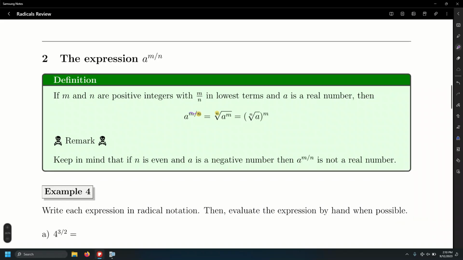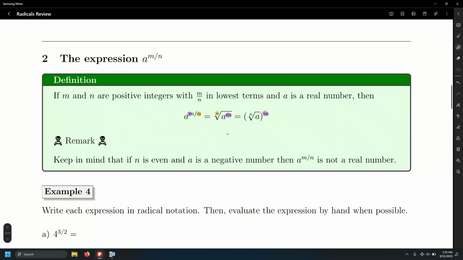And check this out. For the numerator of the rational exponent m, there's a couple of ways to express it. Either it remains as the exponent of the radicand, inside of the radical, or outside, with parentheses. Maybe we will use one or the other depending on the number that we're computing.